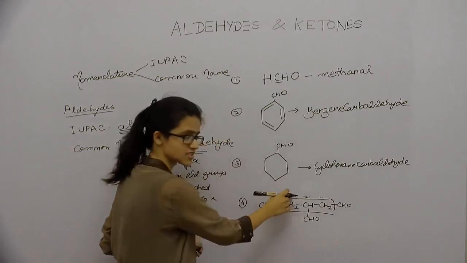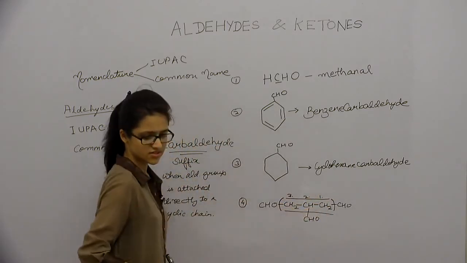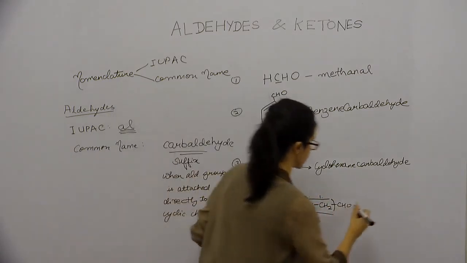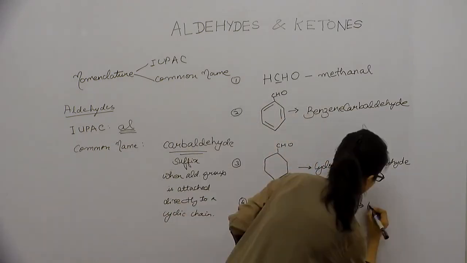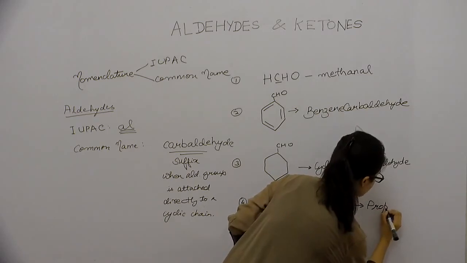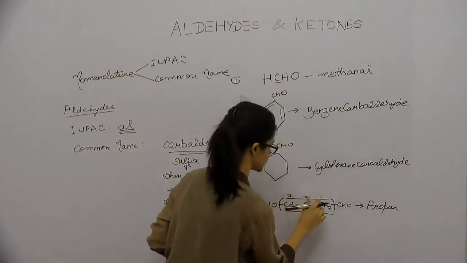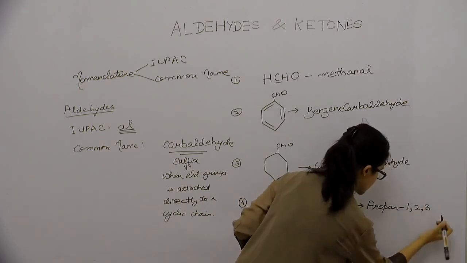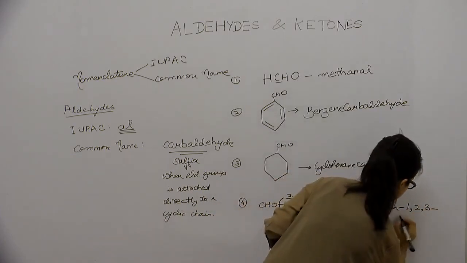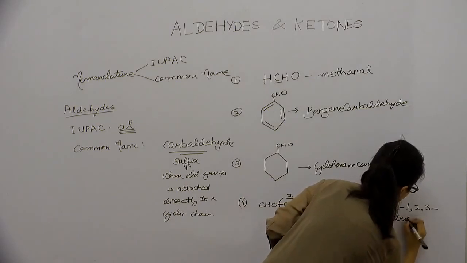Obviously you can take this as 1, this is 2, this is 3. It's the same way. Alright. So if you want to name this, it would be named as propane, because 1, 2, 3 propane, 1, 2, 3 tricarbaldehyde.